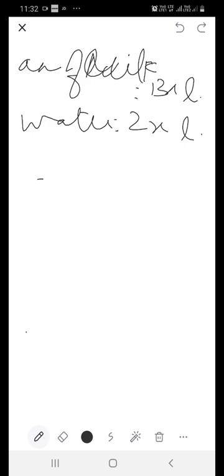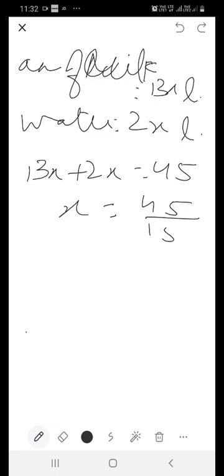Now the total mixture is given to you in the question as 45 liter. So the total will be 13x plus 2x is equal to 45 according to the question. Now 13x plus 2x will be 15x. So 45 upon 15 will come out to be 3. Value of x is 3.